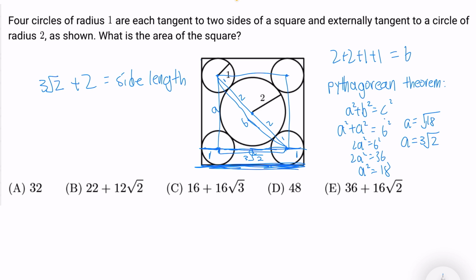And now all we have to do is find the area, so we can just square this. I just solved for this by using the rule of a binomial.